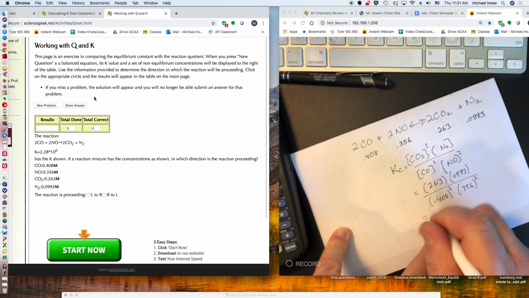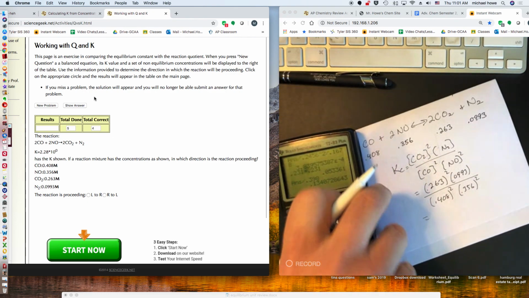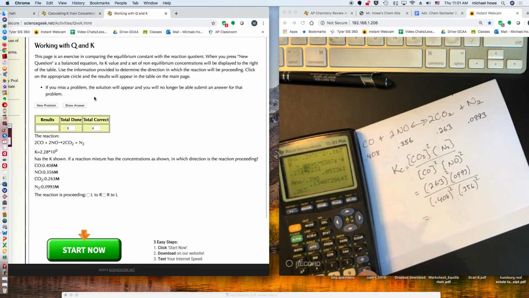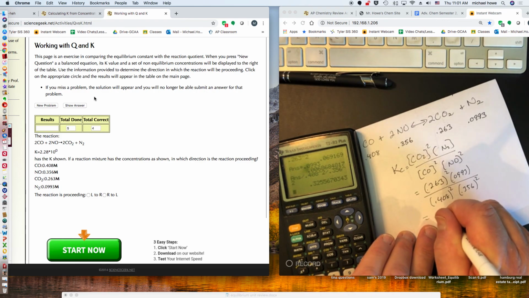All right, so now we do the math. 0.263, that was squared, times 0.0993 equals, divide by 0.408 squared, and then divide again by 0.356 squared equals 0.32.